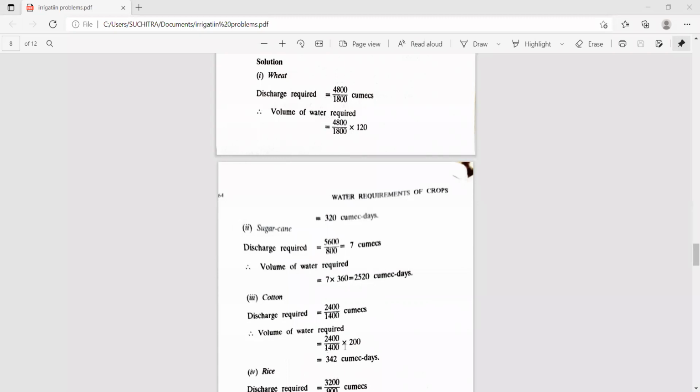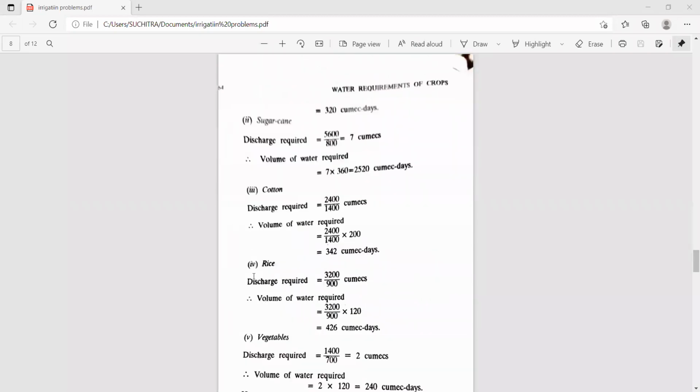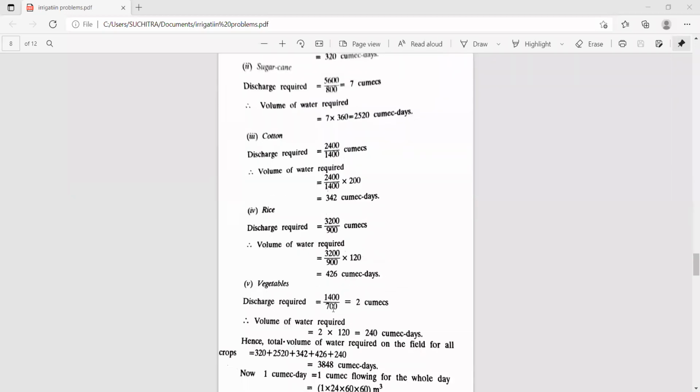Because cotton is an 8-month crop, it is about 342 cumec-days. For the rice crop, the discharge is area divided by the corresponding duty, multiplied by the base period, so it will be about 426 cumec-days. And for vegetables, it is about 240 cumec-days.